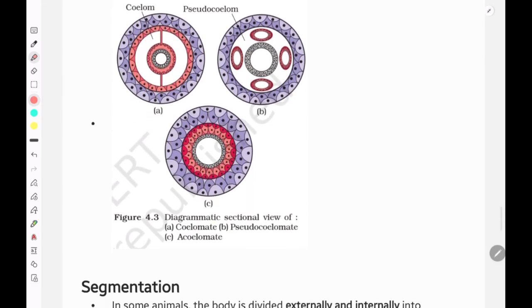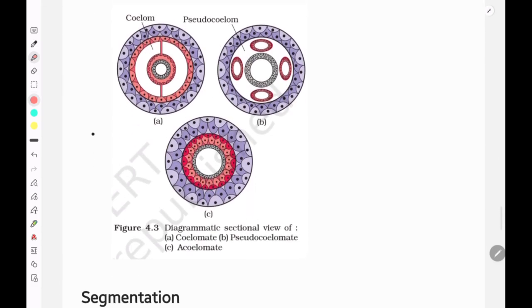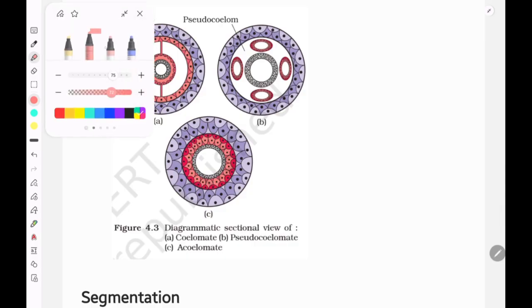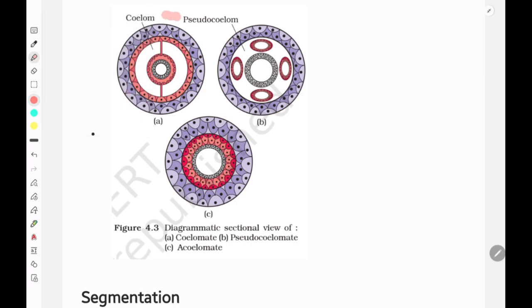Let's see this example. This one is coelomate. One outer covering, one inner, and between these there is a cavity. This cavity is coelom. In the pseudocoelomate, there is ectoderm and this is mesoderm.